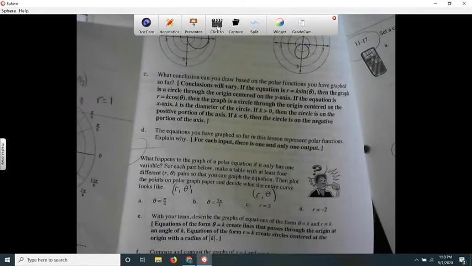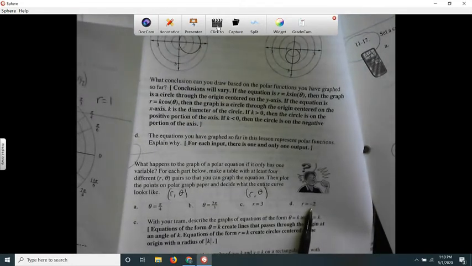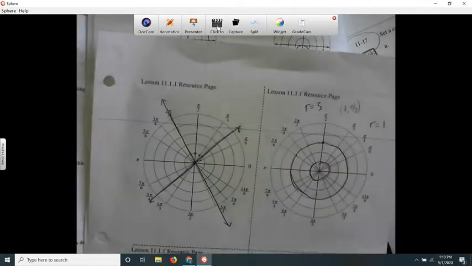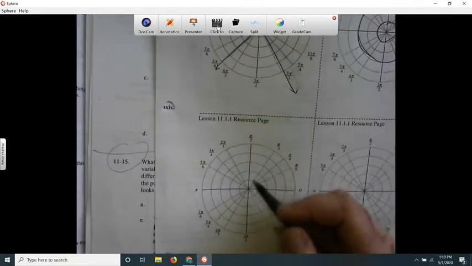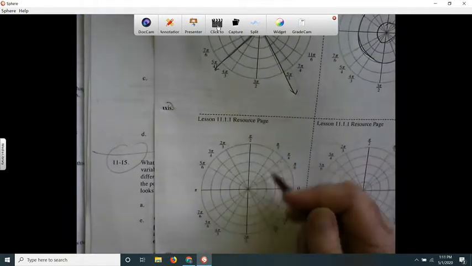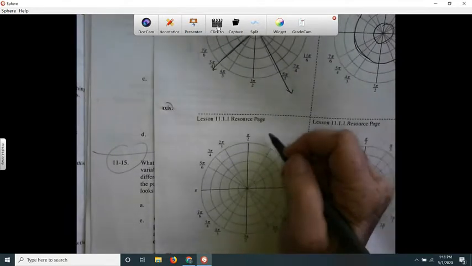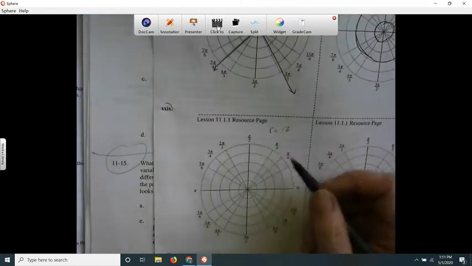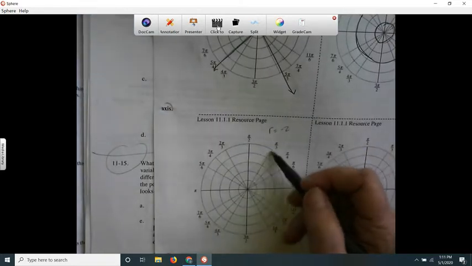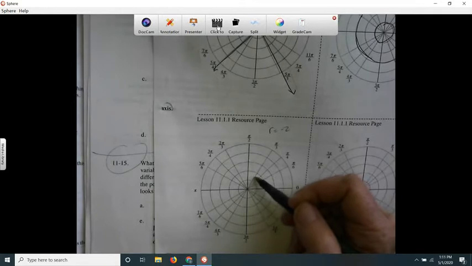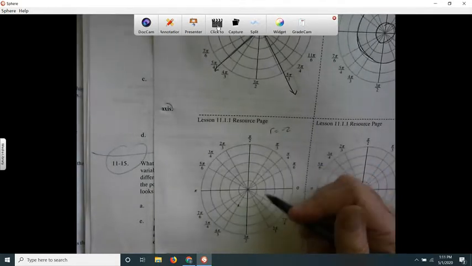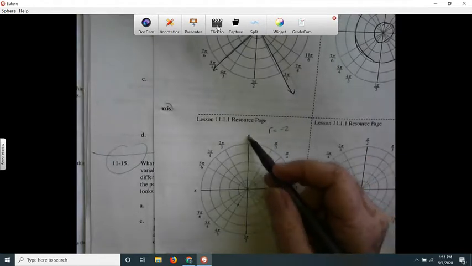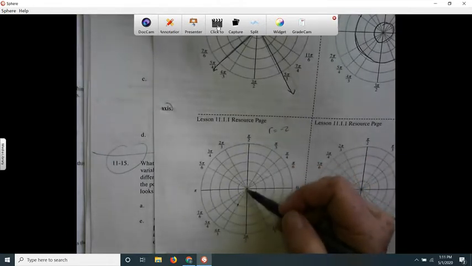Okay, so r equals -2. Now that's an interesting one. I can pick any angle I want, because it just says r equals -2. So let's pick pi over 3. Well, there's 2, so -2 would be over here. And then, let's pick pi over 2.